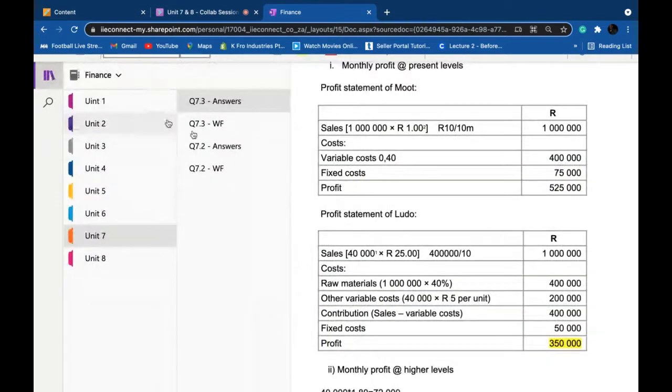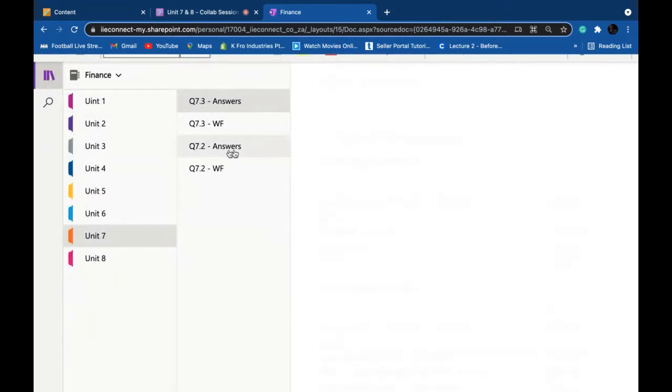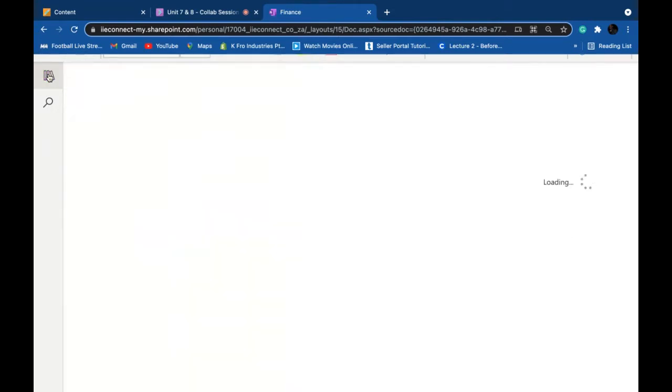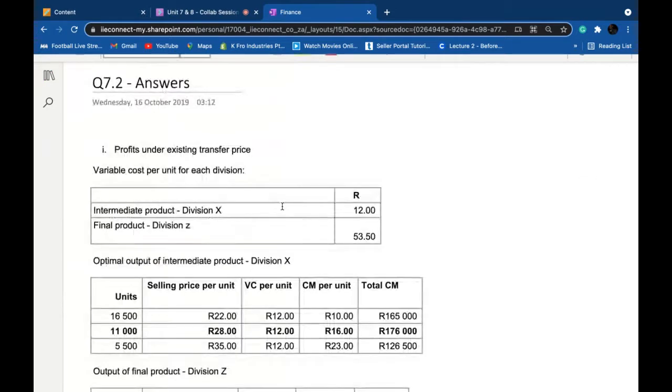Should we quickly browse 7.2 and see what's going on there? Just get a feel for what's happening there as well. Okay.